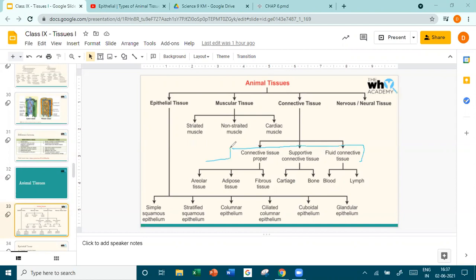And as it is mentioned here, this is all what we have to cover. So you have different types of connective tissues: one is known as connective tissue proper, the second one is called supportive connective tissue, and the third one is called fluid connective tissue. So then we just go to that.